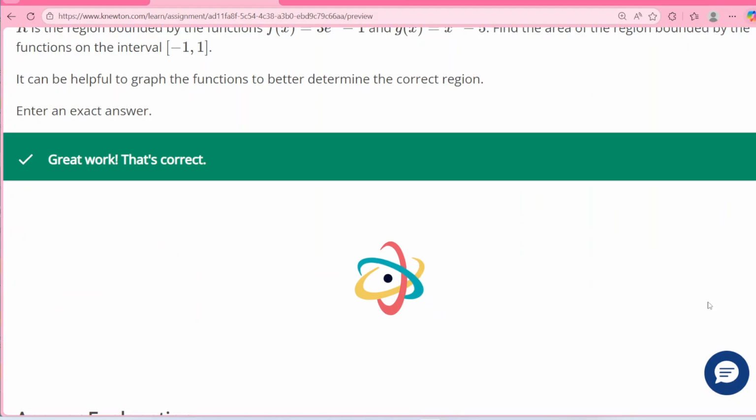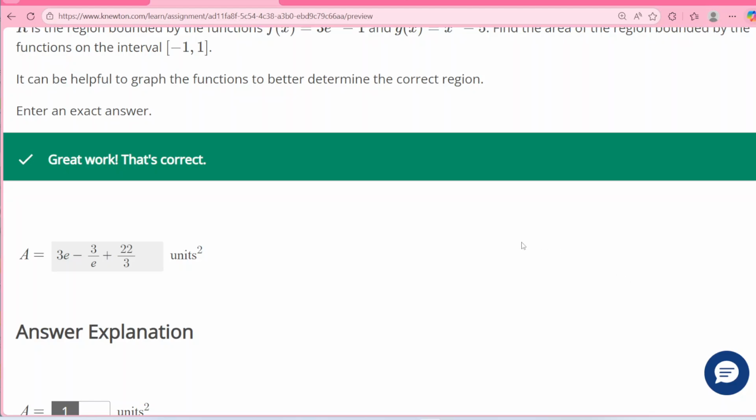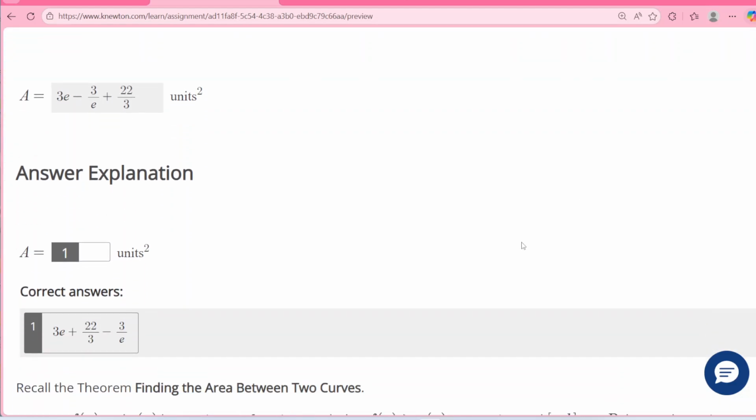Now after you submit an answer, it'll tell you if you're right or wrong, give you some sort of answer explanation. I'd highly recommend reading through the answer explanations, right? If you're correct, maybe they did something in a more efficient way than you did, and you'd like to use that technique for future questions that are similar.